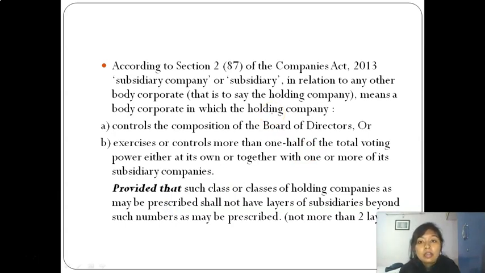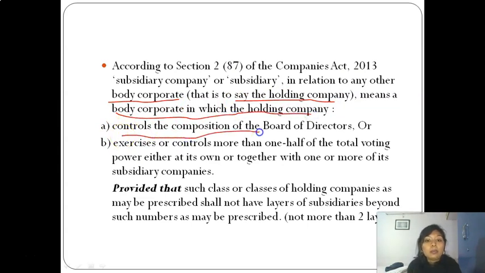It says, in relation to any other body corporate, a subsidiary company, which is to say, holding company means a body corporate in which the holding company controls the composition of the board of directors or exercises control over more than half of the total voting power, either on its own or together with one or more subsidiary companies.